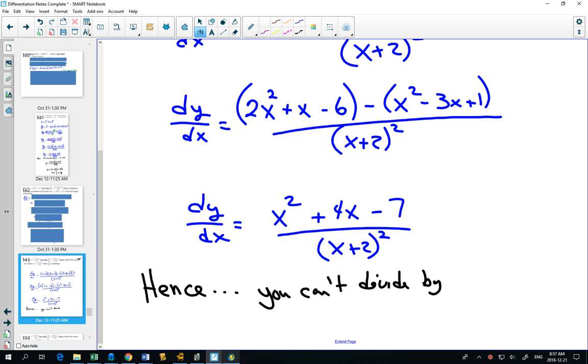Can't divide by 0. So x can't equal negative 2. That would be our non-permissible value when the derivative is undefined.